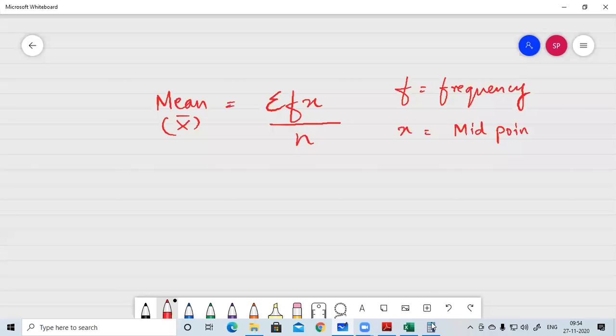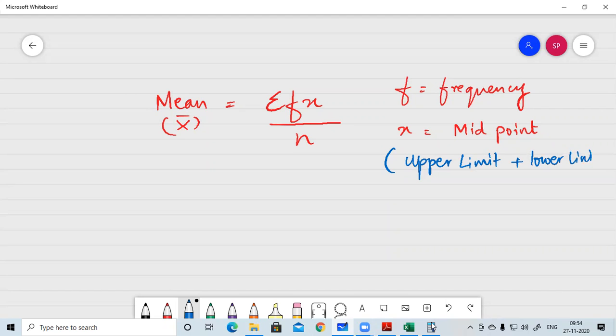Does anyone remember how to calculate midpoint? Upper limit plus lower limit upon 2. Correct. So it is upper limit plus lower limit, the whole thing divided by 2. N is your number of observations.